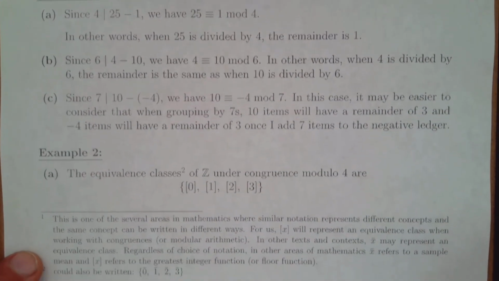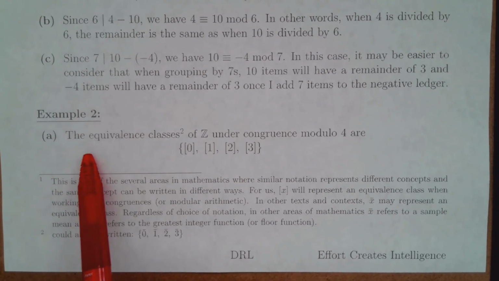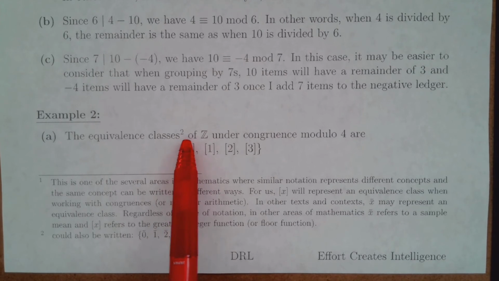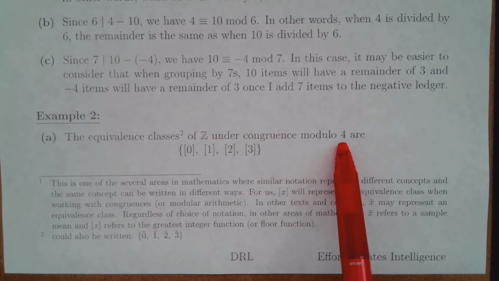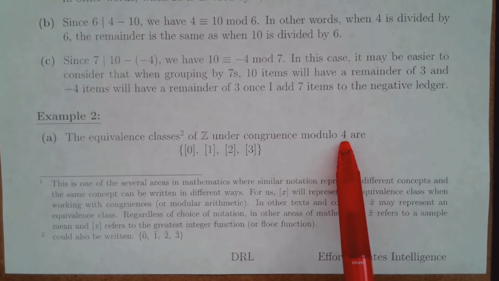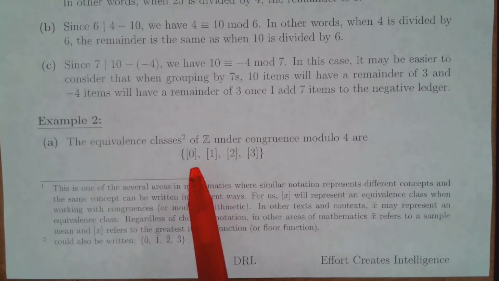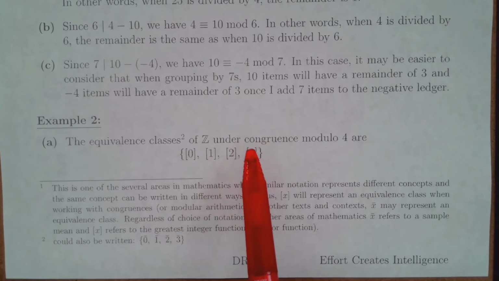And finally, we have the next example that talks about the equivalence classes, or the residue classes, of integers under congruence modulo whatever modulus you have. In this case, we'll say 4. Those equivalence classes will be, in the case of 4, 0, 1, 2, and 3.